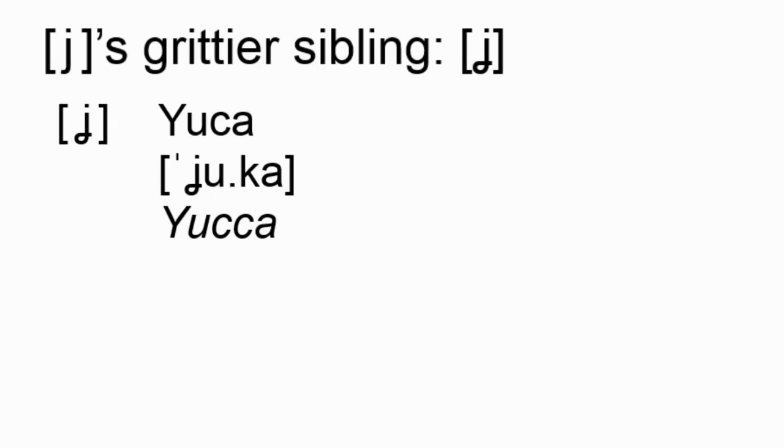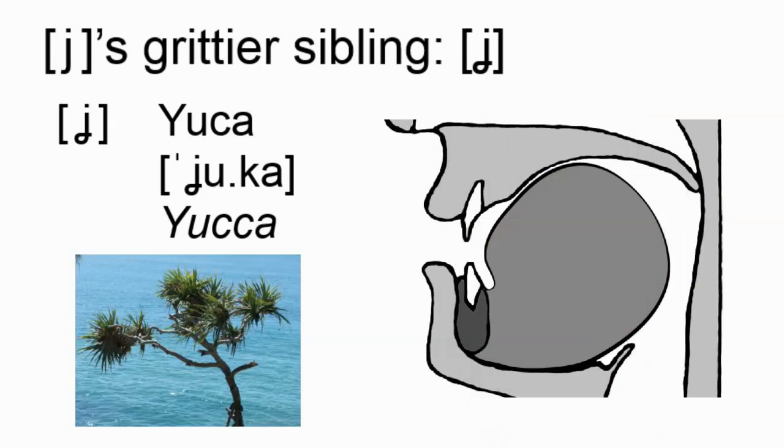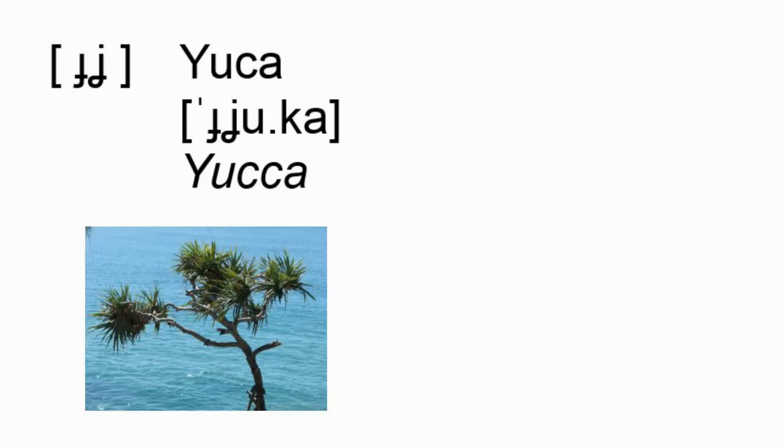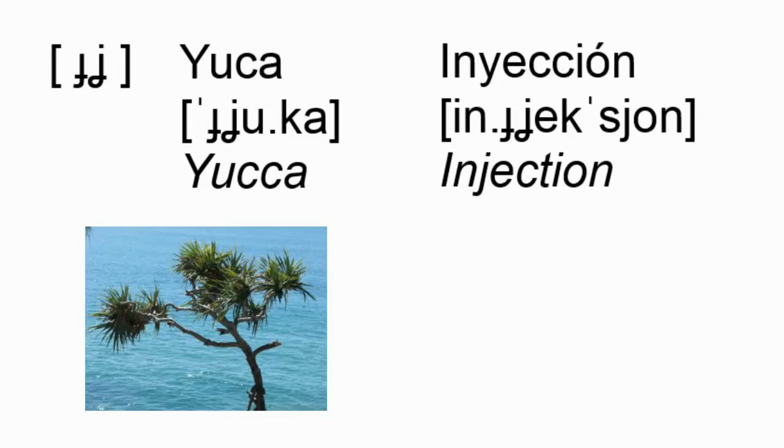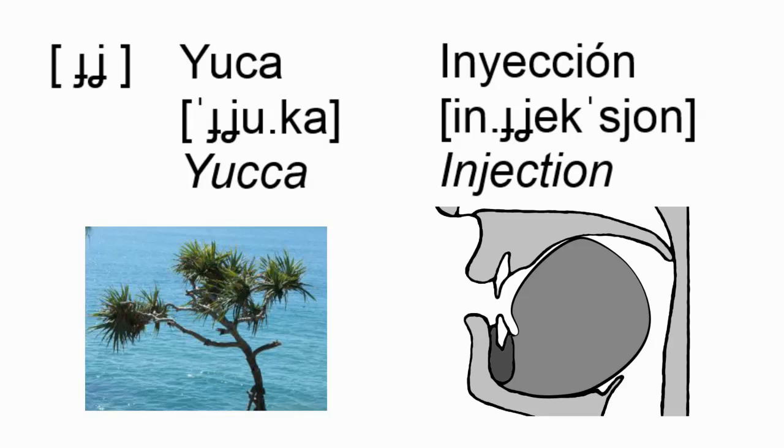Y, as in yuca. The middle of the tongue is right next to the roof of the mouth. Or it may even touch the roof of the mouth for a second, producing yuca, inyección. Depending upon the word, the dialect, the speaker, and even who they're talking to, you'll hear speakers switch between these various y sounds almost randomly. So get used to hearing all of them.